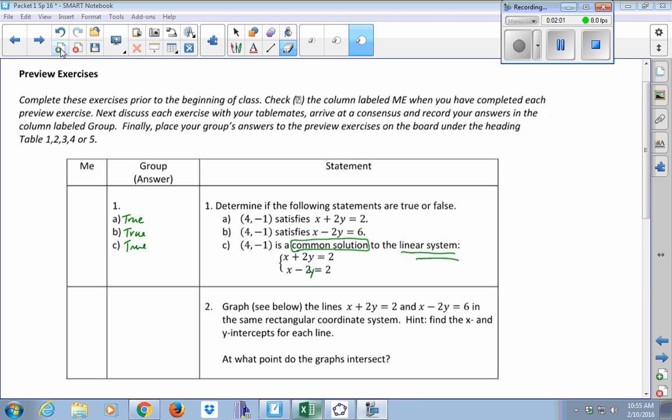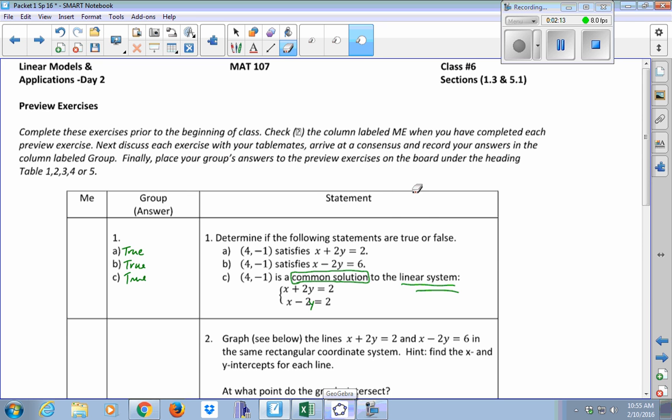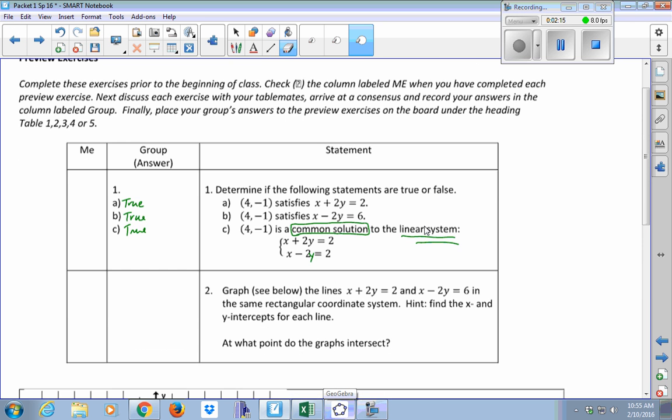Okay, let me just put in a little piece of paper for a minute. A linear equation comes in three forms. Okay, so x minus 2y equals 6. So x is 4. And where I see y, I put a -1.